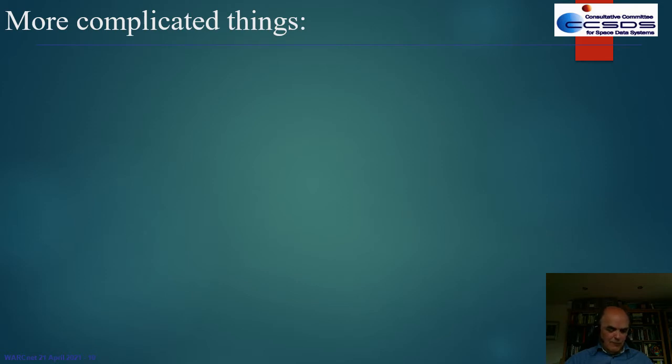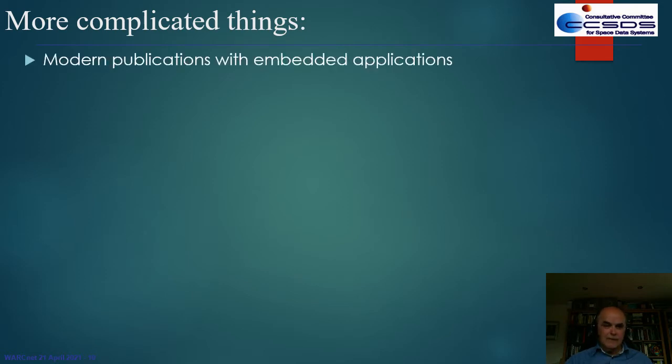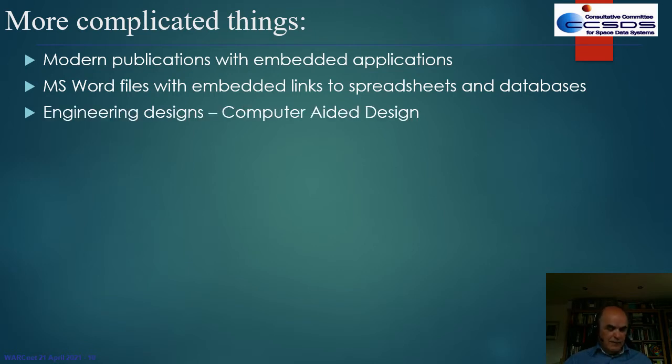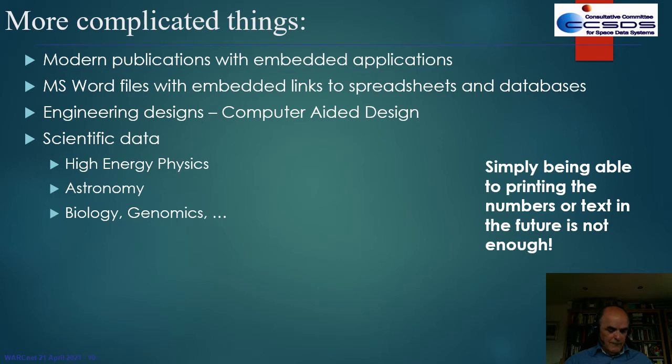Of course, there are more complex digital objects out there, and things are getting more complex over time. Digital objects, for example, are containers for other objects. For example, the data at CERN could be printed, but it really would not be useful that way.